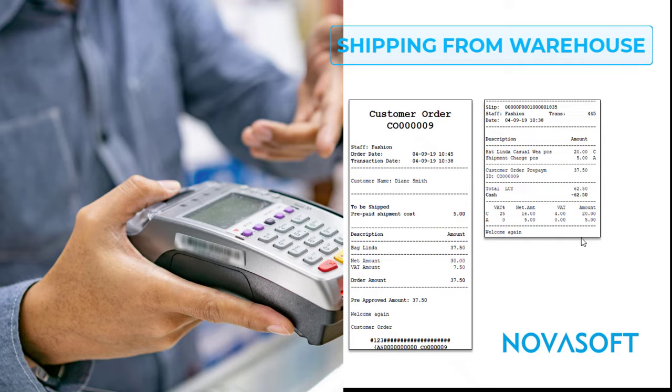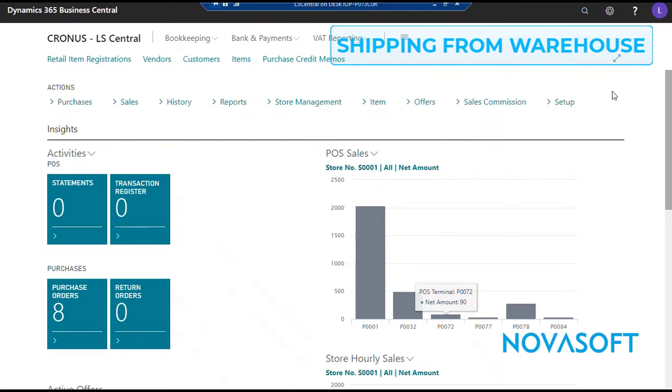We have the normal customer receipt which is printed, and then the customer order receipt will have the customer order ID, order transaction date, and the customer name, type of shipment which is to be shipped, prepaid cost at shipment cost which is mentioned, what the item is, and other information.